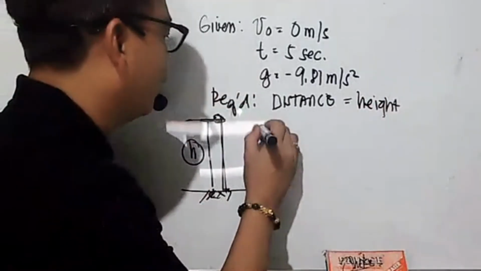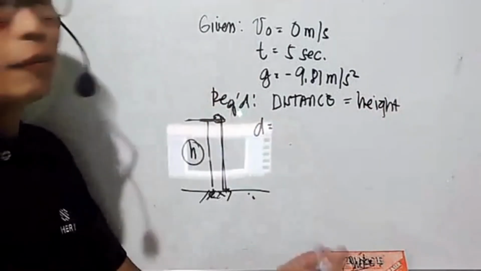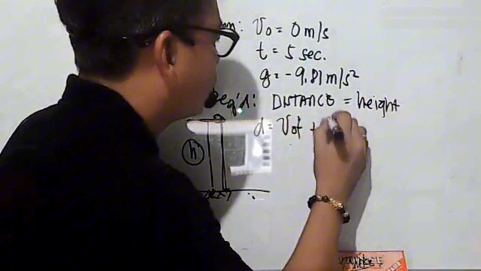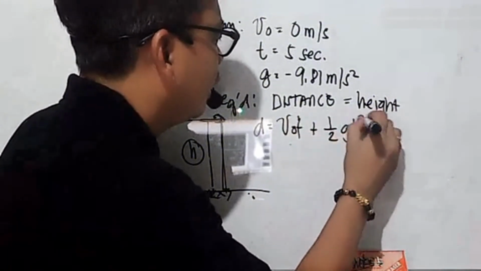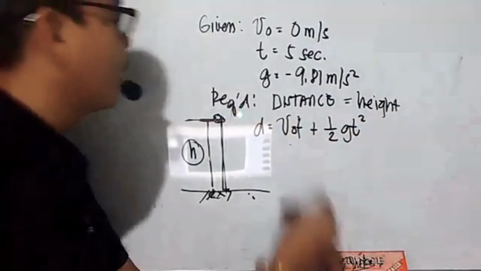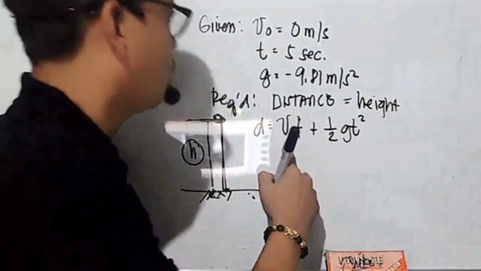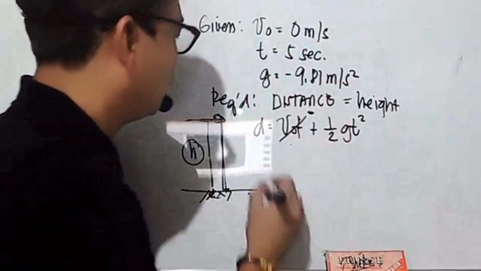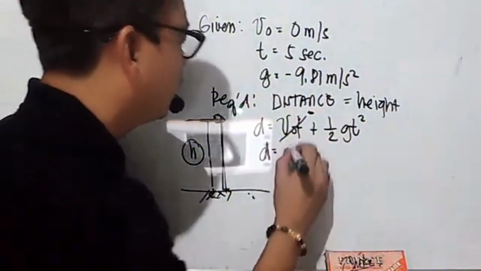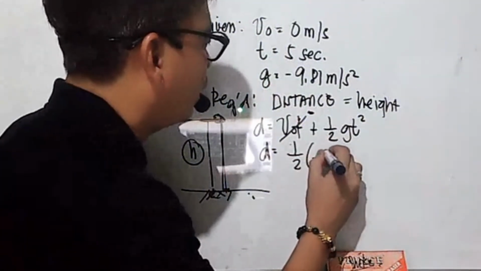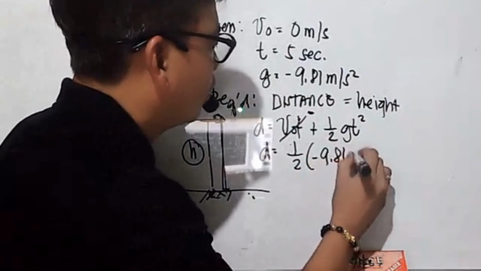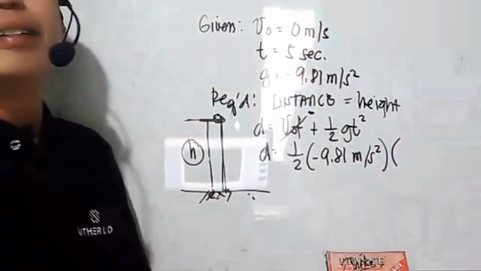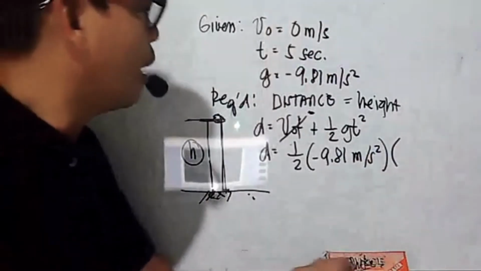Let's use the formula for distance. Distance is equal to V0T plus 1/2 GT squared. Now your V0T is equal to 0, since V initial is 0 because it was just dropped. Therefore, your distance is 1/2 multiplied by negative 9.81 meters per second squared, multiplied by the time squared.